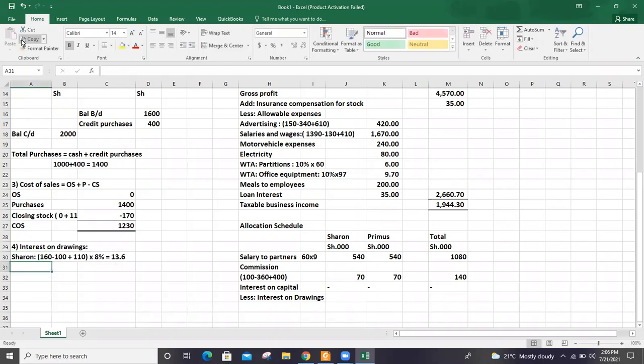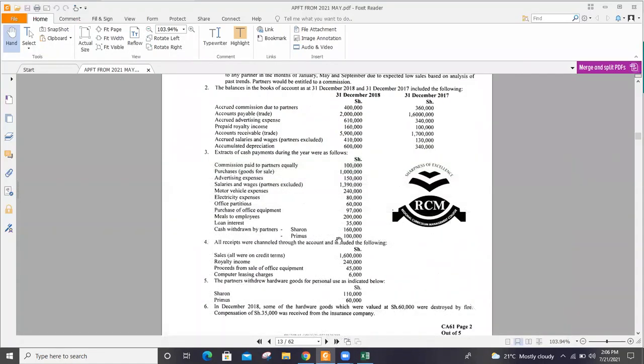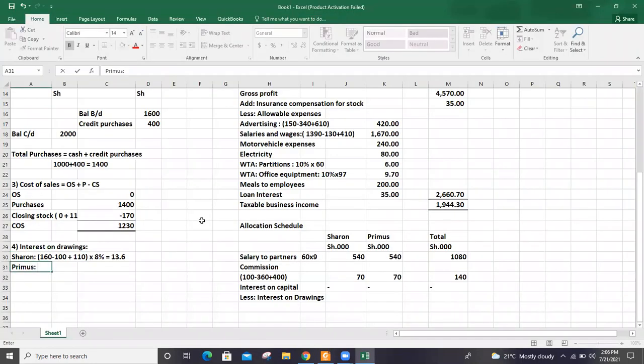Then Primus: the cash drawings were 100,000, so all the cash drawings will not attract any interest, but the drawings of goods are 60. So 100 minus 100 plus 60, multiplied by 8%, is 4.8.